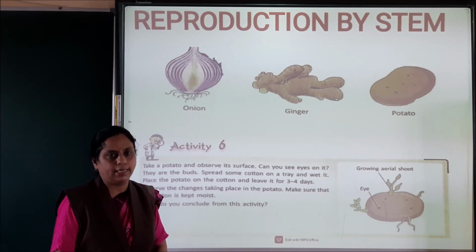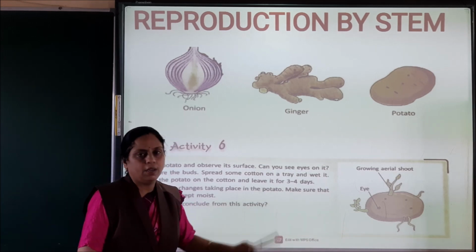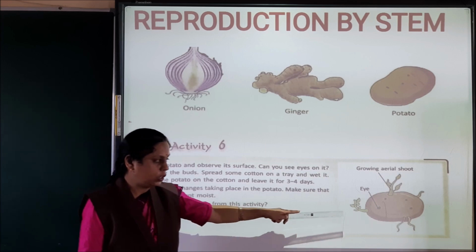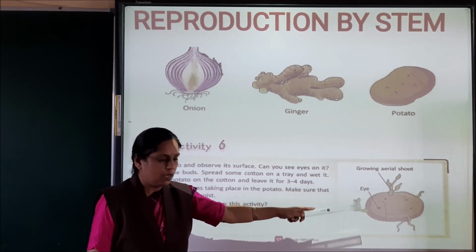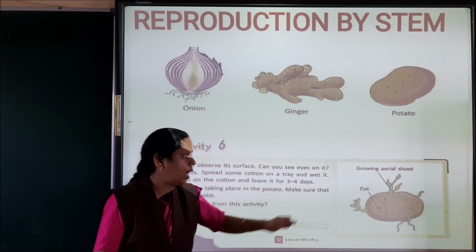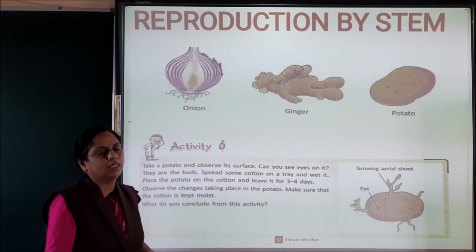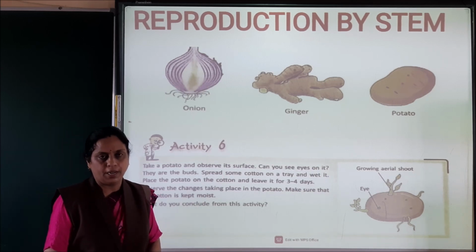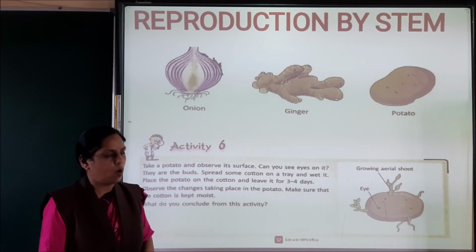Let's take one example. We will take the example of a potato. Now what can you see in this picture? Observe its surface. You can see the eye. This portion is called the eye. Now what you have to do is spread some cotton in a tray and wet it, meaning you have to put water on the cotton.